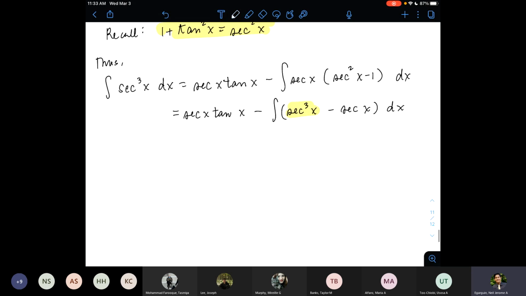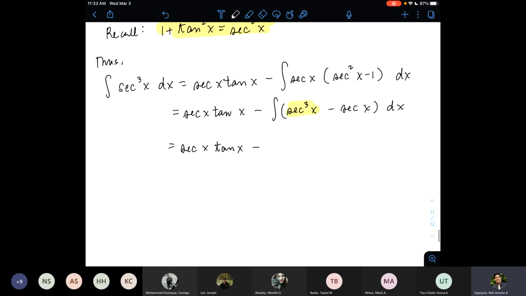Or more explicitly, you can rewrite it as secant x tangent x, and then I can split this up into two pieces. I'll have the integral of secant cubed x dx plus the integral of secant x dx. All right. And again, this guy is a repetition of the original integral, right? So you can transfer it to the other side.